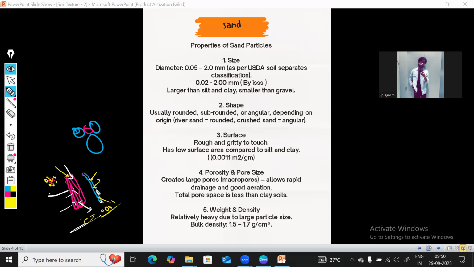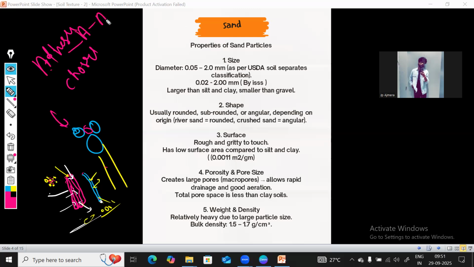Why is it happening? Because there is a force. We did a study about two forces in a previous lecture, adhesion and cohesion. What was the concept? Adhesion exists for different particles, and cohesion exists for similar particles.